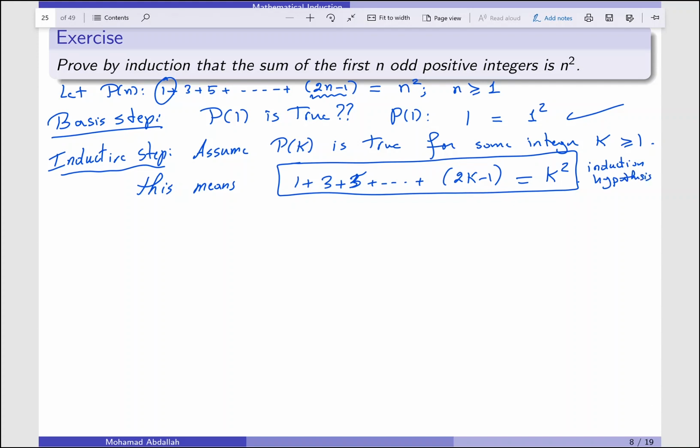And I want to show that P of k plus 1 is true. And I always like to write the equation that I want to show.